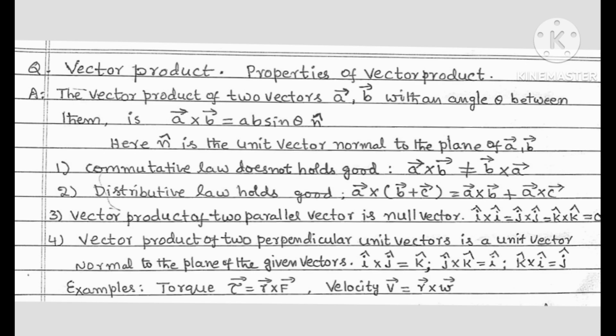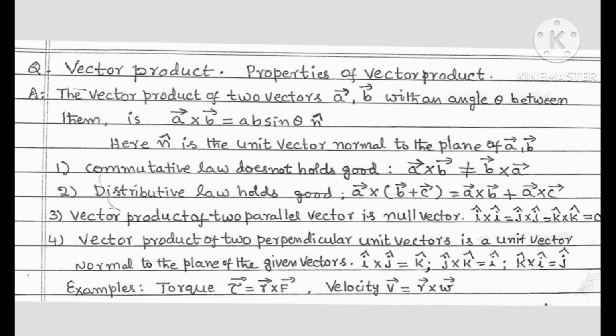i bar cross i bar equal to j bar cross j bar equal to k bar cross k bar equal to 0. Vector product of two perpendicular unit vectors is a unit vector normal to the plane of the given vectors.